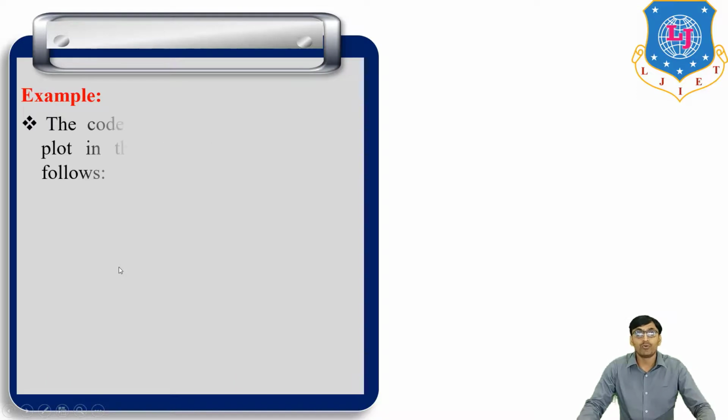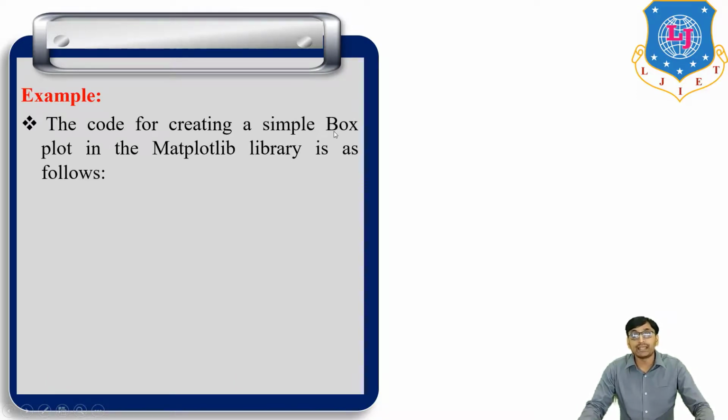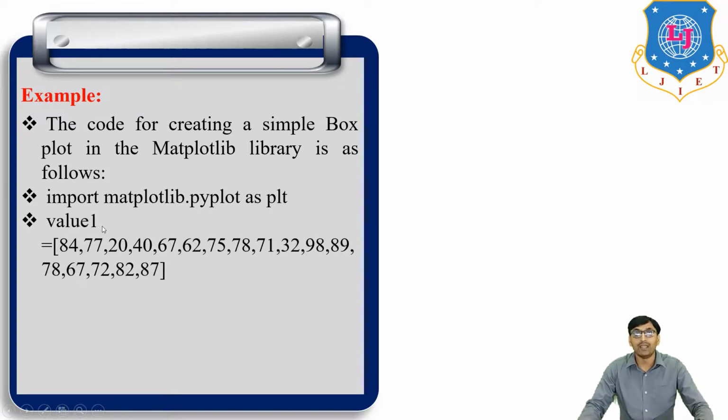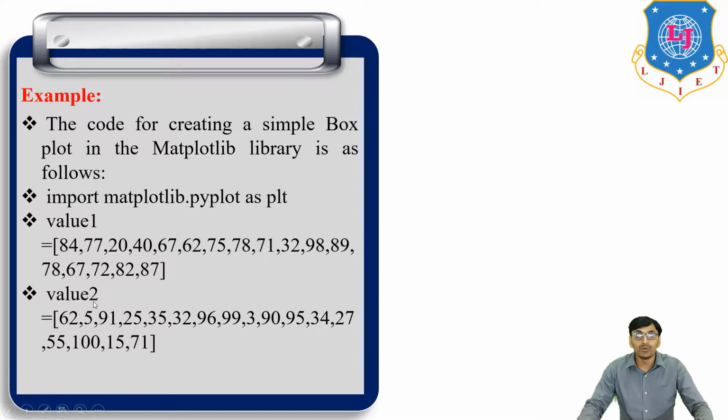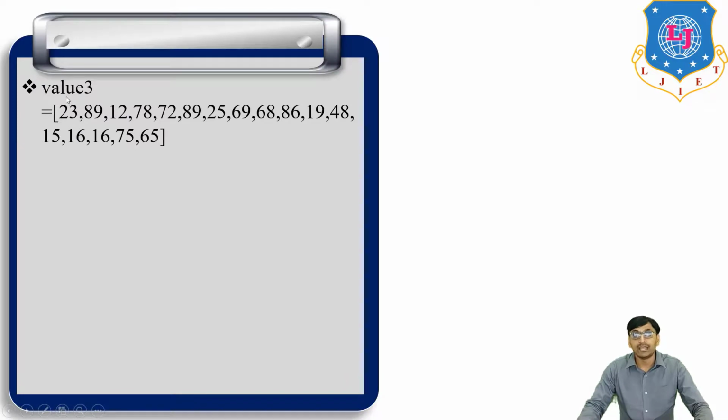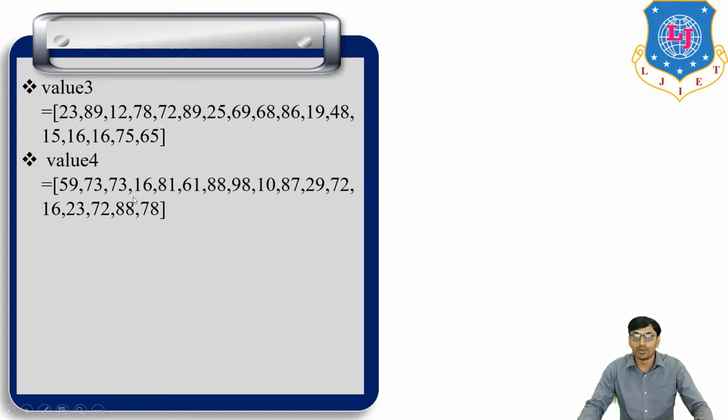Now, for example, the code for creating a simple box plot in the matplotlib library is as follows. Import matplotlib.pyplot as plt. Then value 1, which is a list containing all these elements. Then value 2, also a list containing all these values. Then value 3, also a list, then value 4.